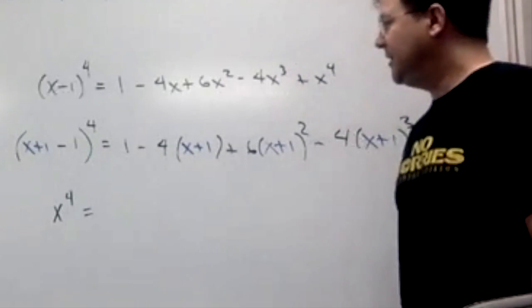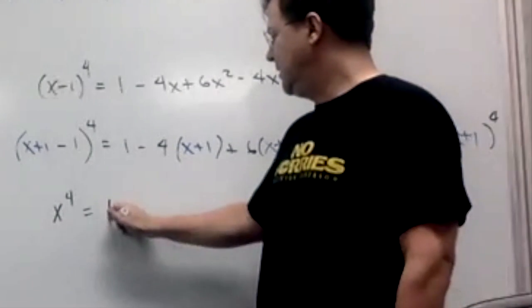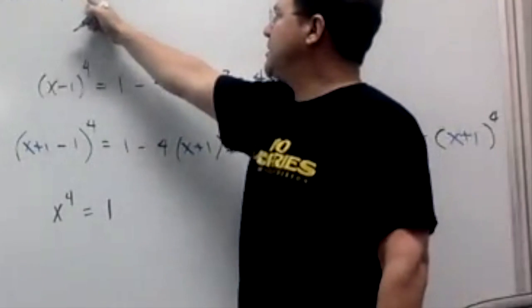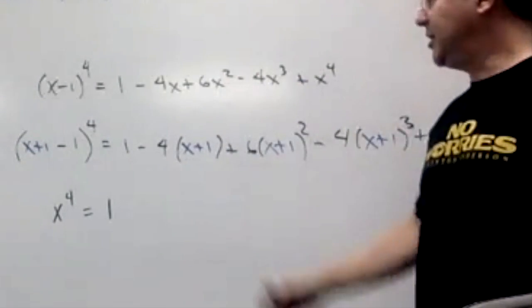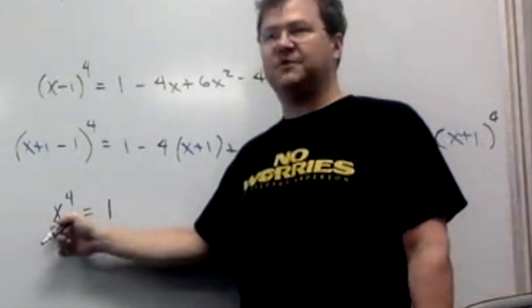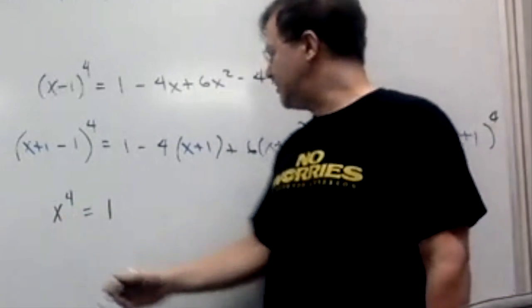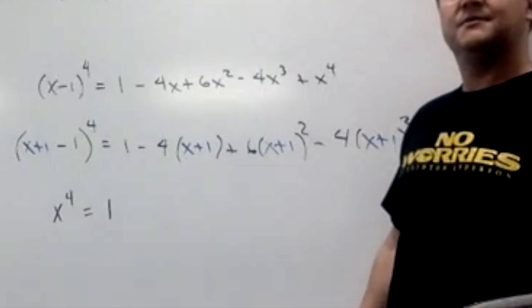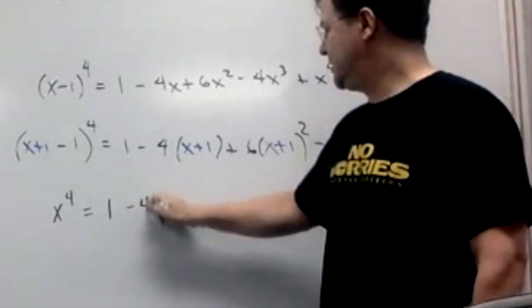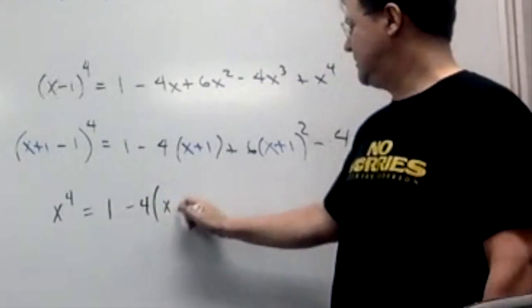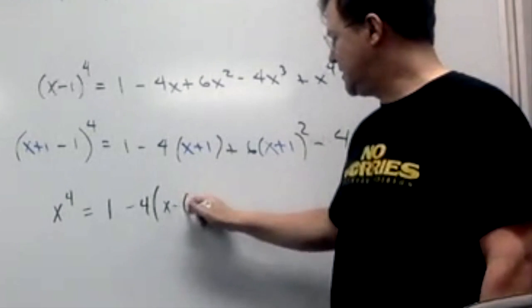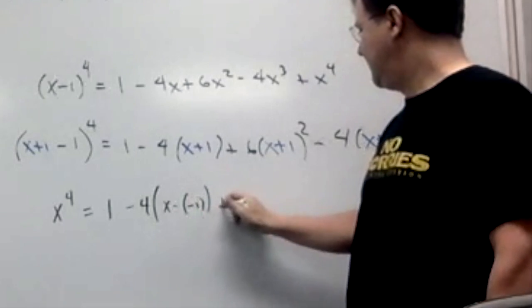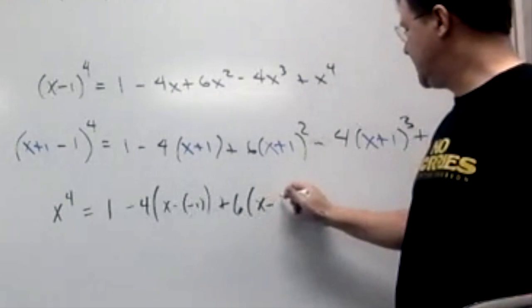I can see that x to the 4th, here I'm expressing this function as a Maclaurin series. Well, now I can use this to express this other function as a Taylor series centered at -1. Because look at this, that's x plus 1. That's the same thing as x minus -1.